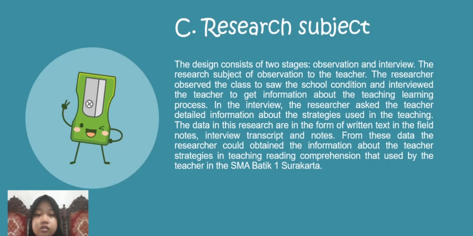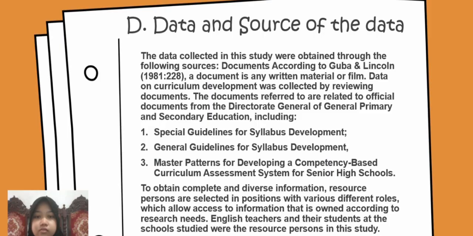The data in this research are in the form of written text in the field note, interview transcript, and note. From this data, the researcher could obtain information about the teacher's strategy in teaching reading comprehension used by the teacher in SMA Batik 1 Surakarta.